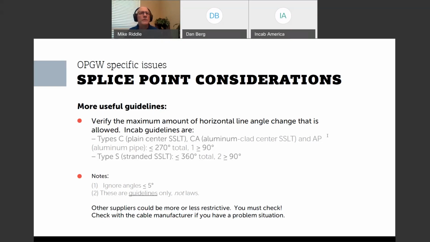Now, the splice prep guys may grumble later, but the truth is when they start their job, they're going to cut off a few inches, maybe even a foot of cable before they get started anyway. So you're not going to get a nice clean cut in the field with a ratchet type cable cutter. It's going to crush the end, but it's not really going to cause a problem.